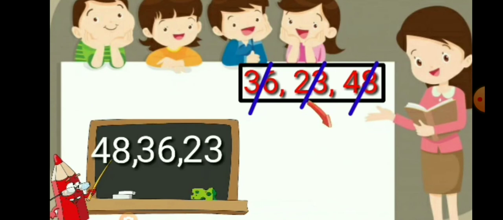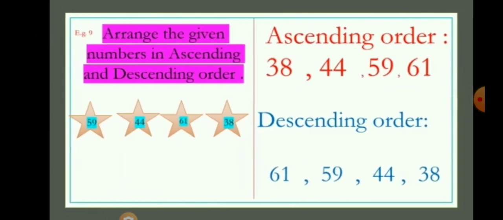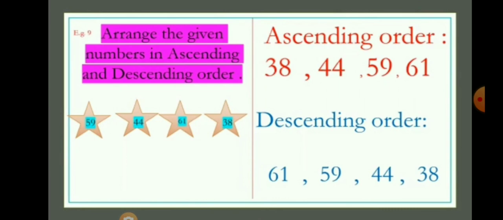Let's now have a recap of ascending and descending order of 4 numbers. In the given example, we can see the numbers are 59, 44, 61 and 38. Out of these, 38 is the smallest, so we will write it first.